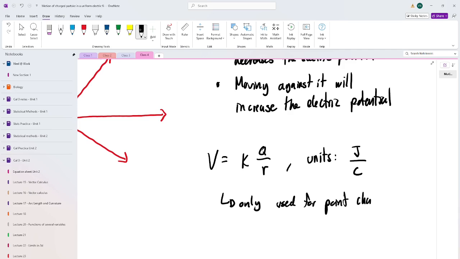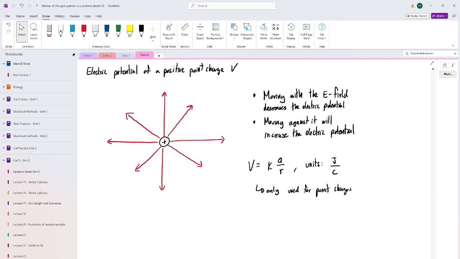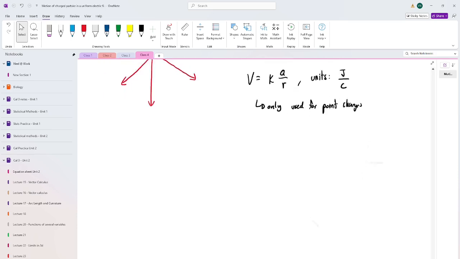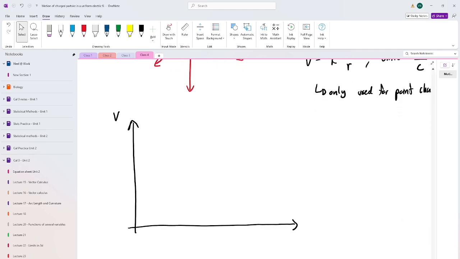If we were to graph what this would look like as we move away or towards a point charge, it would look like this. So if we were to graph the potential as a function of the distance, we get something like that.